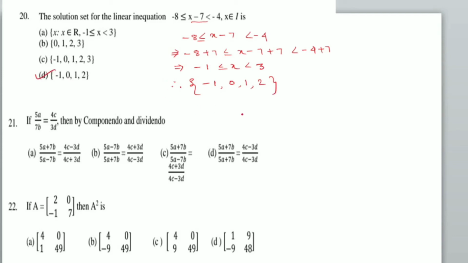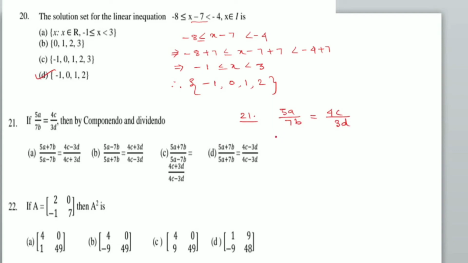Now we will solve problem number 21. Here you can see, if 5a by 7b is equal to 4c by 3d, then by componendo and dividendo what will be the option? Okay, then it is given 5a divided by 7b is equal to 4c by 3d.